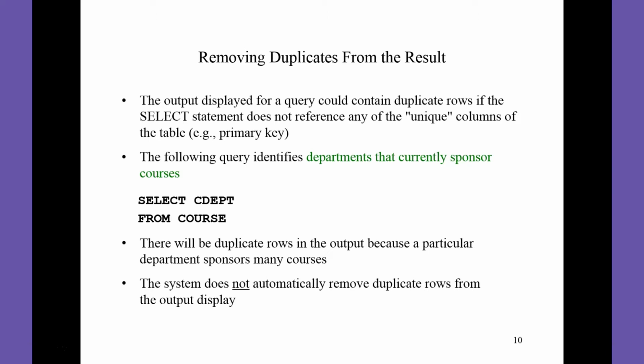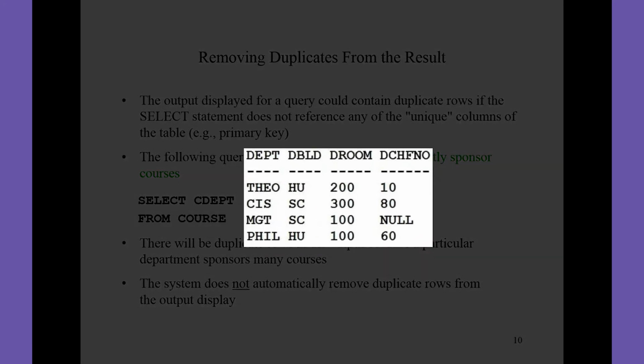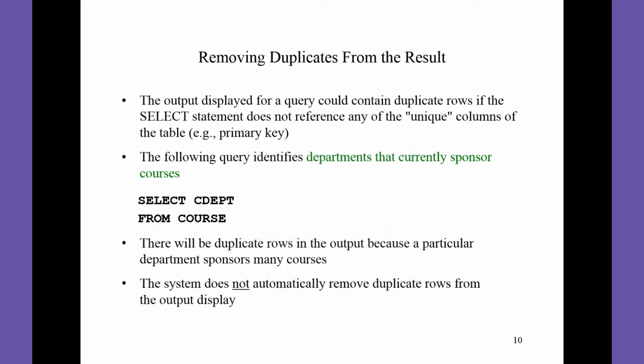However, the query is targeting the course table, which contains course data, not department data. If you consider the contents of the department table, there's no indication of which departments sponsor courses or employ faculty or so on. It's just a set of facts about the department.